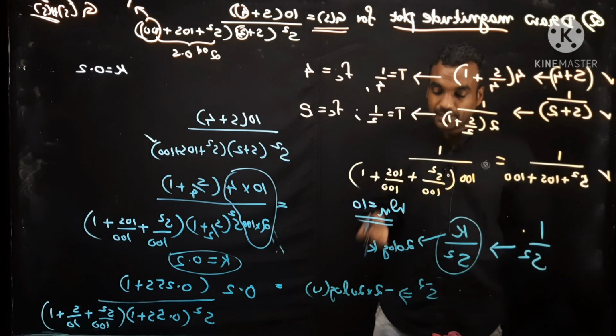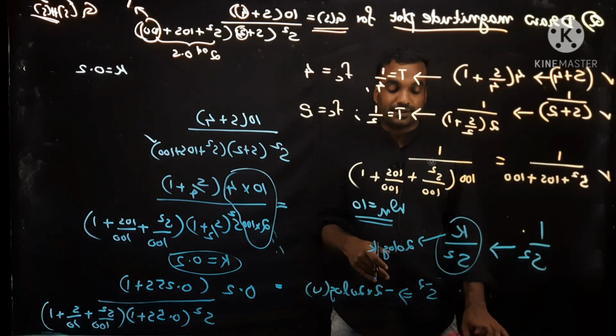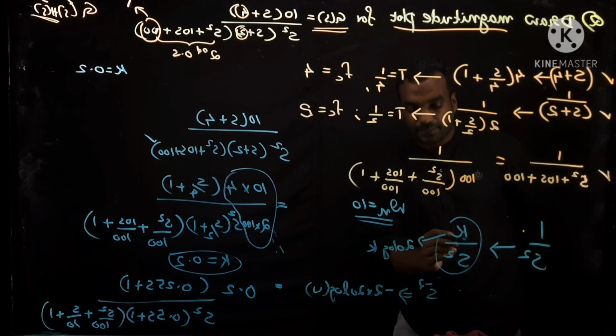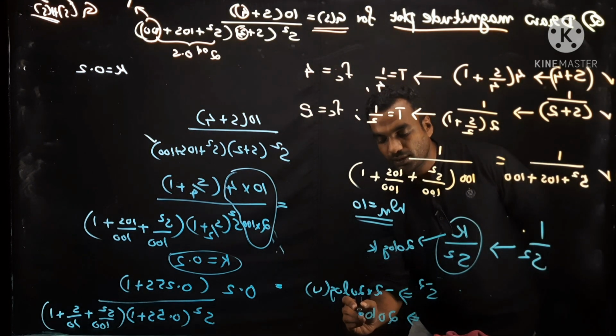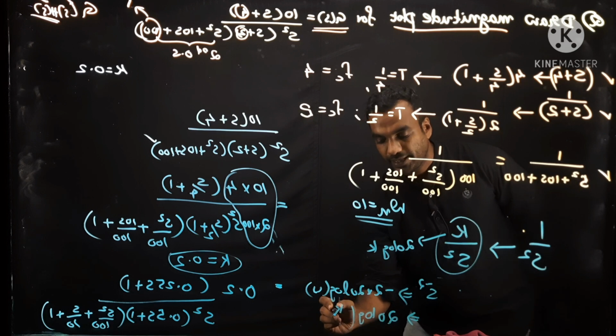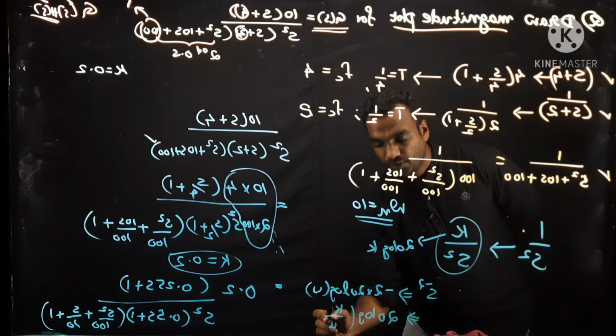But it is better to take it in a single step, so that its gain will be 20 log k by omega square.